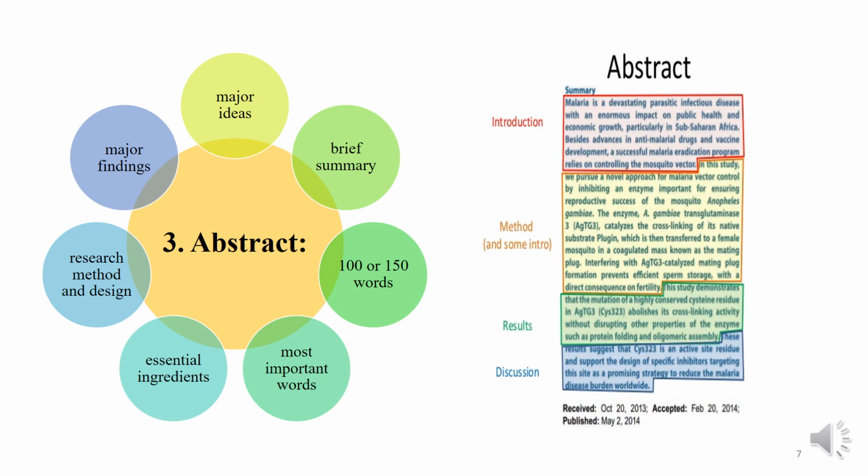Although the abstract is part of the preliminary matter of the paper, it is one of the last things one writes. Even though it is inserted in the first part, it is actually the last item we write in a paper. Okay, here you have an example of an abstract. We have the introduction, the method, the result and the discussion, and it is clear to write it after all, not as a first step.